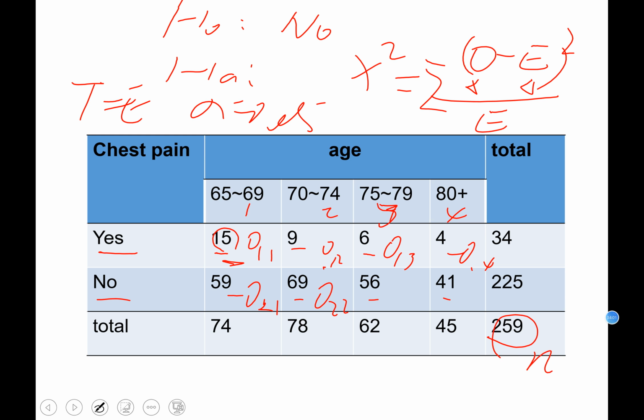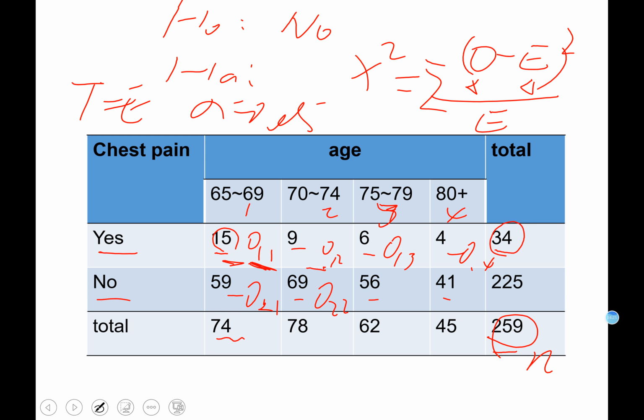So for each cell, you can get an E. So here, for example, let's calculate the E11. So E11 equals 334 times 74 divided by 259.